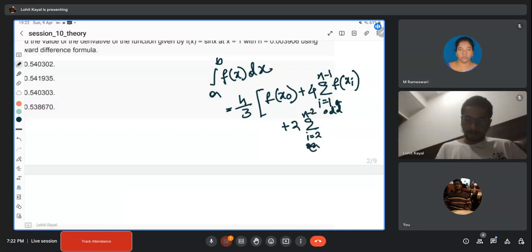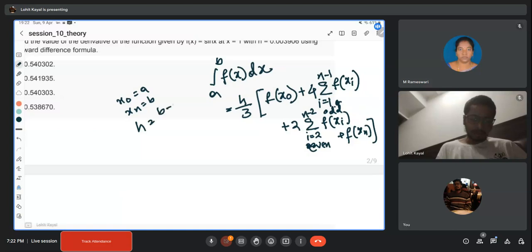Again, it only counts the even numbers: f of xi, plus f of xn. Here x naught equals a, xn equals b, and h equals (b minus a) over n. Here n is the number of segments.